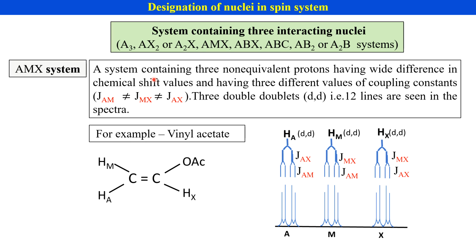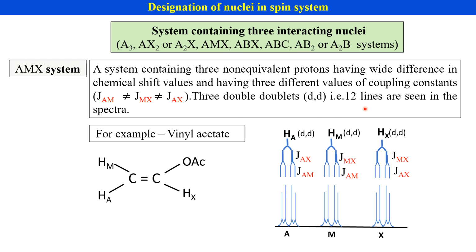The next type is the AMX system, a system containing three non-equivalent protons having wide differences in chemical shift values and having three different values of coupling constant. J of AM is not equal to J of MX, which is not equal to J of AX. Three double doublets are seen in the spectra, that is, a total of 12 lines.